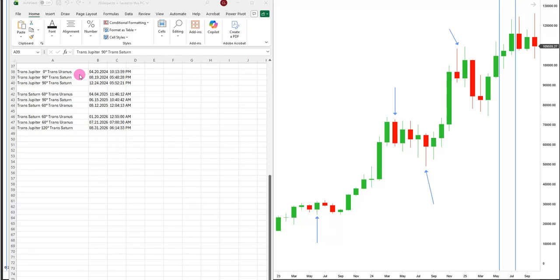In 2024, we have a Jupiter-Uranus conjunction in April. We have the two Jupiter-Saturn squares then in August and December. Here is the April aspect just behind the March high, triggering this move down.